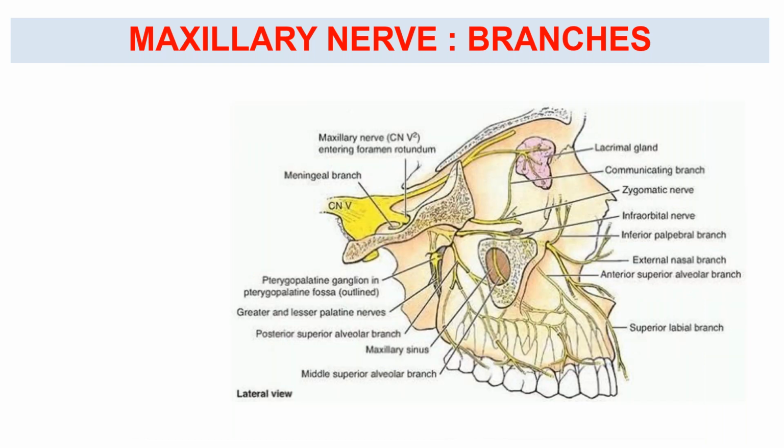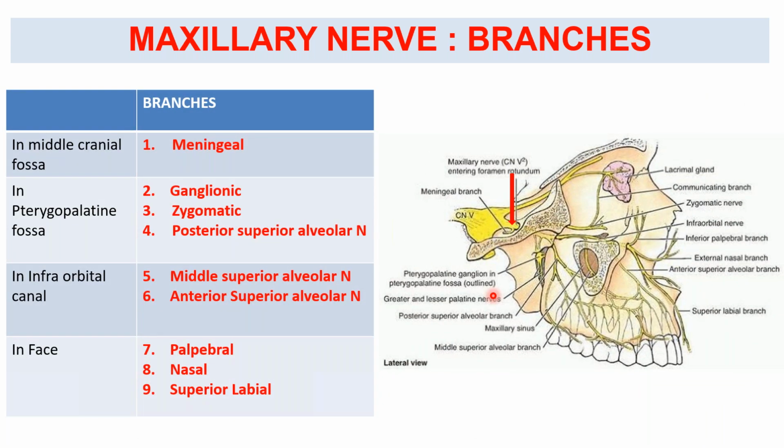So this, in a nutshell, is the branching pattern: from the middle cranial fossa, the meningeal branch. In the pterygopalatine fossa, the ganglionic branches connecting it to the pterygopalatine ganglion, the zygomatic nerve which further divides into zygomaticotemporal and zygomaticofacial, and the posterior superior alveolar.